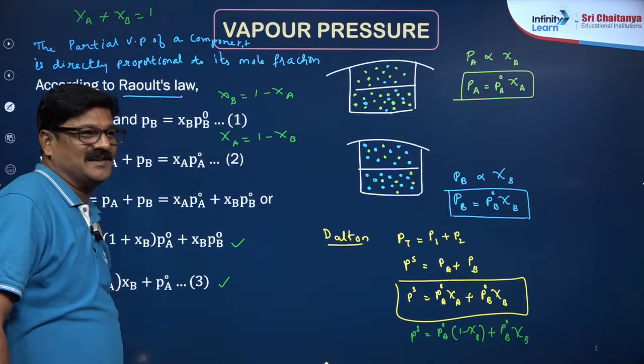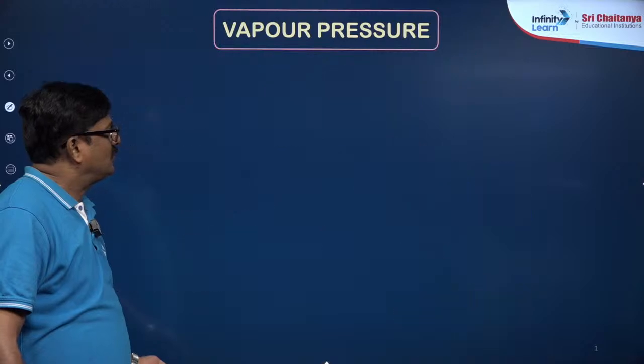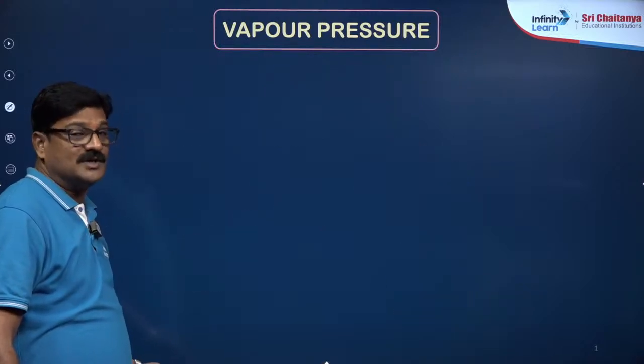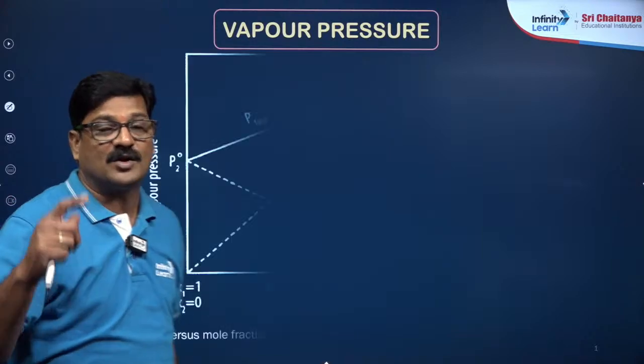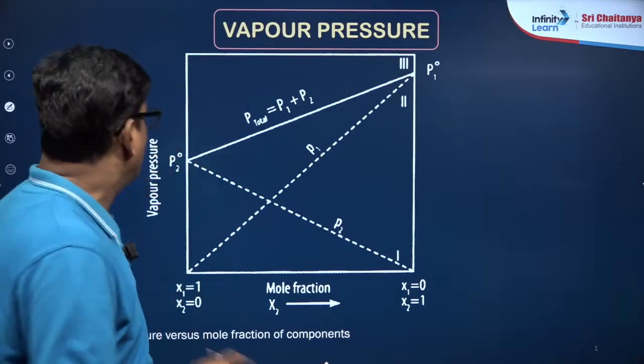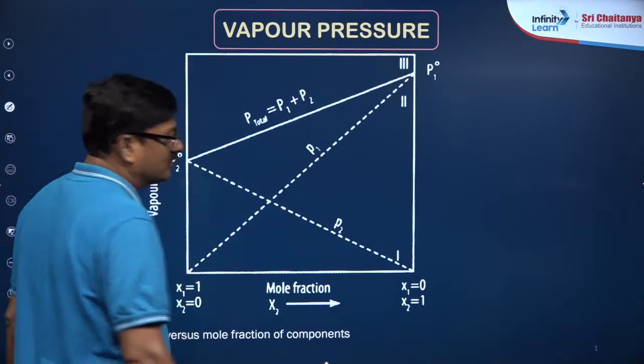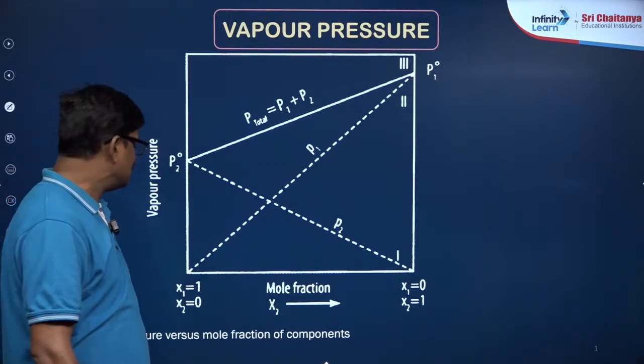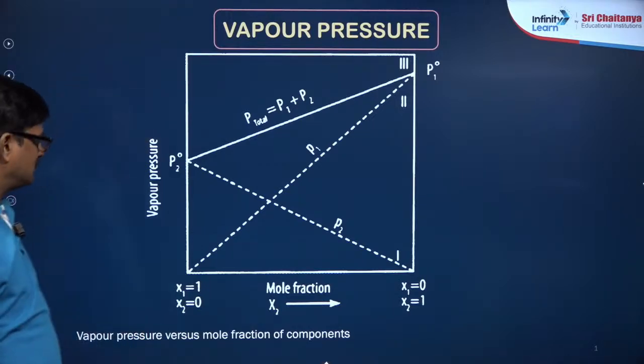Right. Now let's go. What is an ideal solution? What is a non-ideal solution? A solution that follows Raoult's law in every condition is what you call an ideal solution. Okay, so this is the graph we want to discuss here.